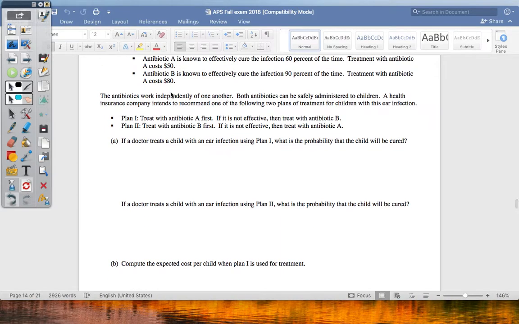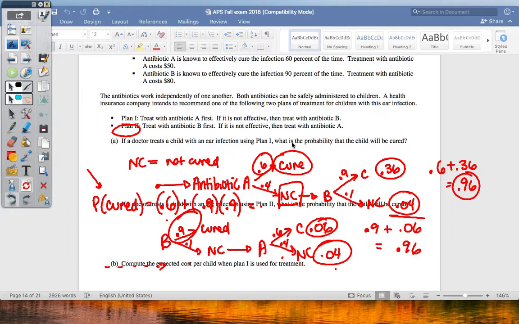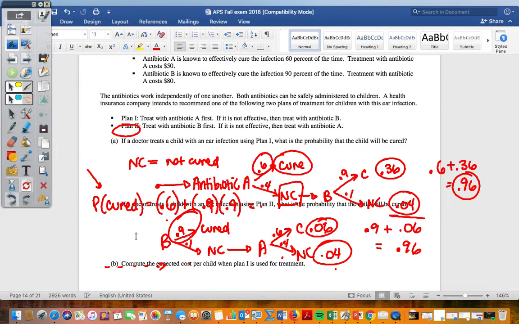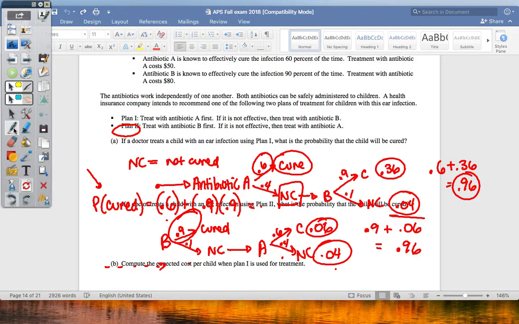Actually, I want to do this. Let me backtrack. Perfect. Okay, so let me do this in yellow just for a second. And you want to show this down below. So I'm doing this again shorthand. You want to make sure you show this. So antibiotic A, this costs $50, right? $50, okay?